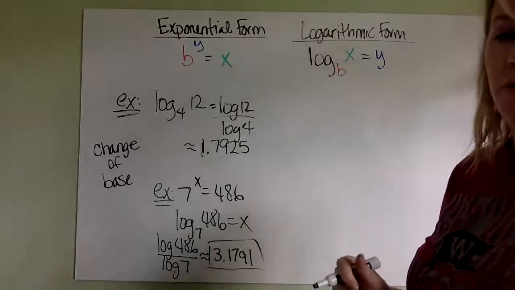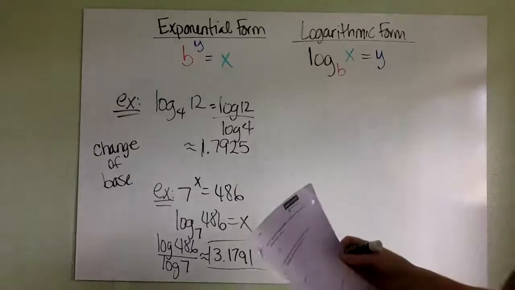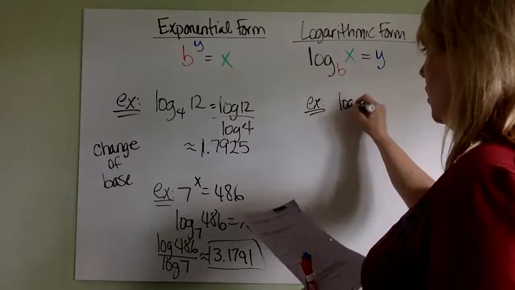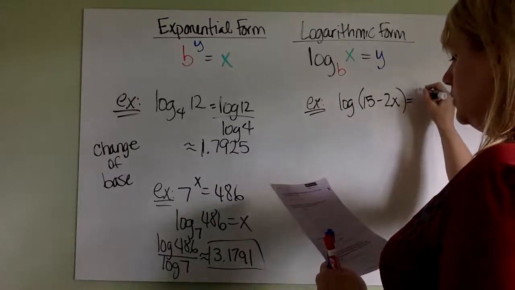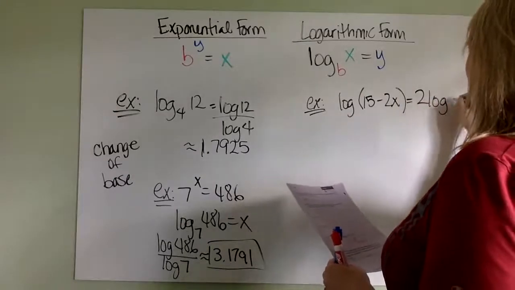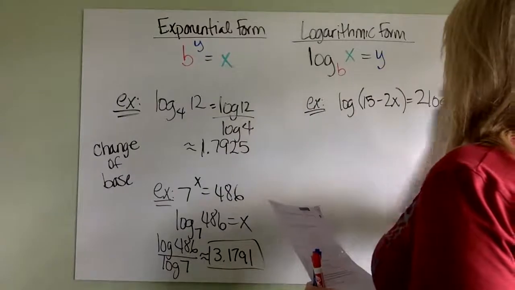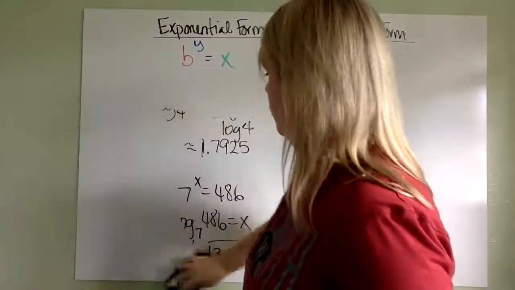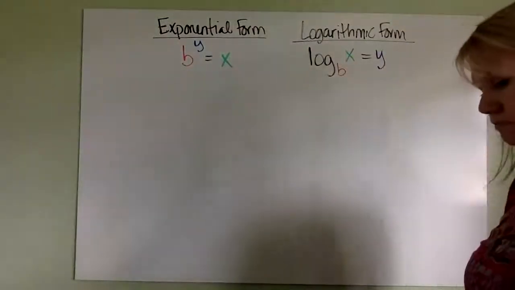So if, for example, on your purple worksheet, you are looking at number 23, the log of 15 minus 2x equal to 2. Oh, hang on. Let's pause on this one. Let's go talk about the rules, the properties of logarithms first, and we'll come back to that.